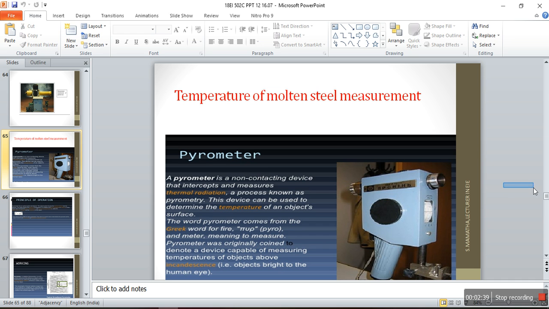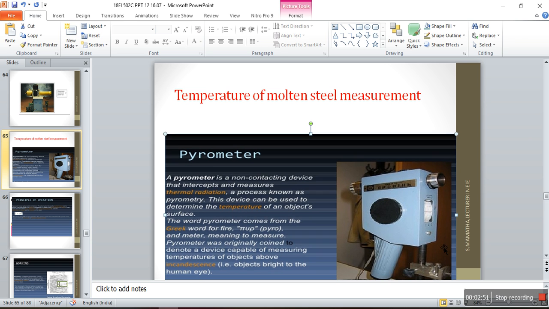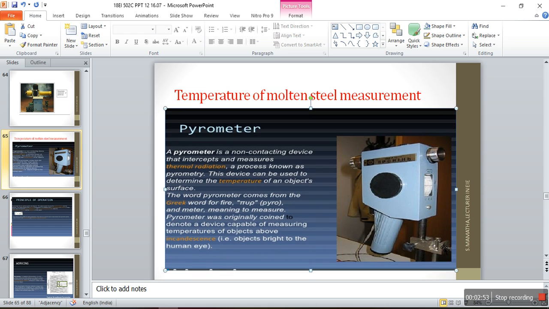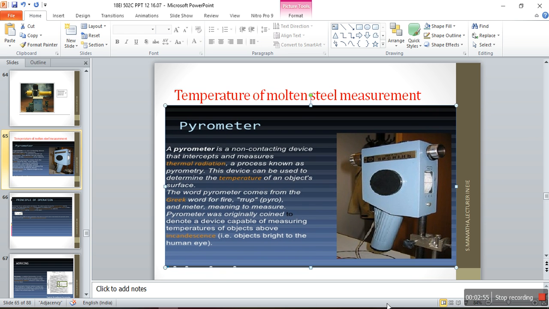We have a lot of temperature devices like thermocouples, thermistors, RTDs and thermopiles, and those devices are in contact with the body whose temperature we want to measure.